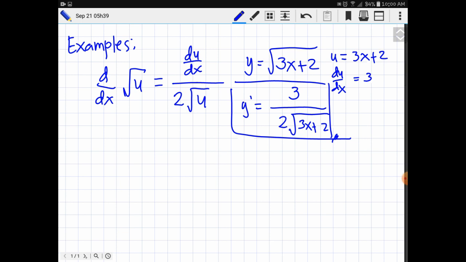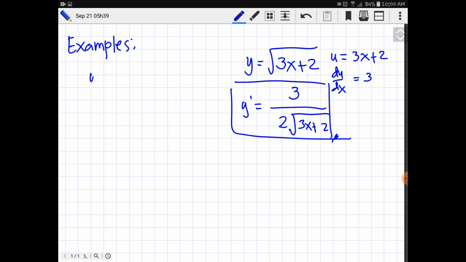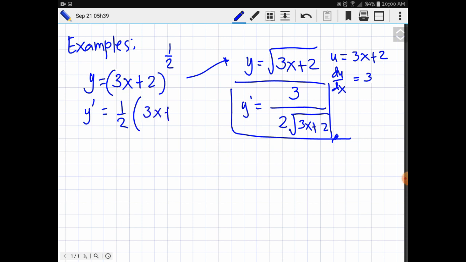Another method that we can use here is the power rule. If we have square root of x, that is just equals to x raised to 1/2. Therefore, we can rewrite this as y is equals to 3x plus 2 raised to 1/2. So that is just the same as this. And then the derivative would be 1/2 multiplied by 3x plus 2 raised to negative 1/2, since 1/2 minus 1 is negative 1/2, then multiplied by the derivative of u, which is equals to 3.